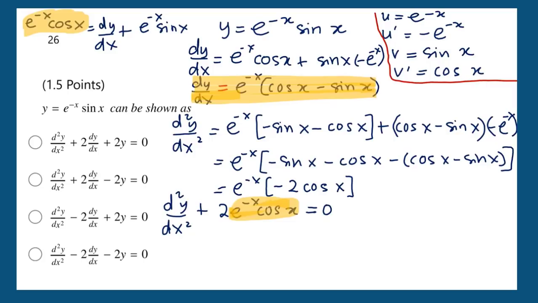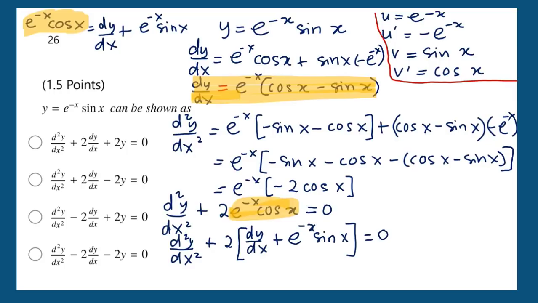Okay, we're going to substitute this one here. So you will have d2y/dx squared plus 2 times dy/dx plus 2 e to the power of negative x sine x, and then you will have this equals to 0.